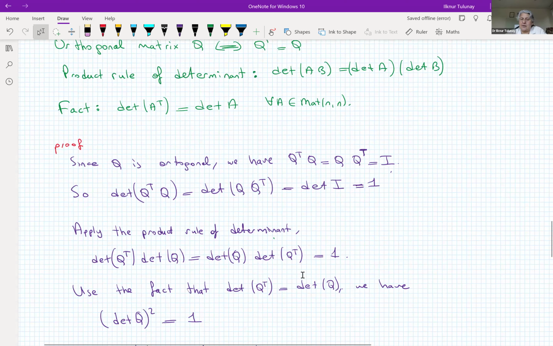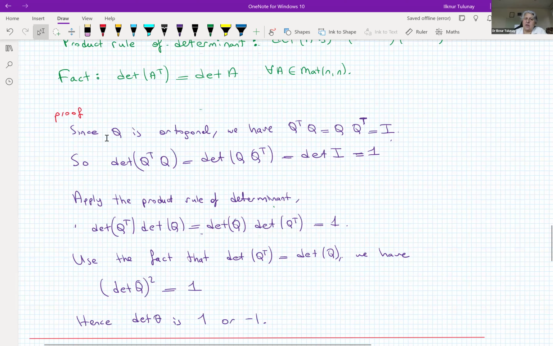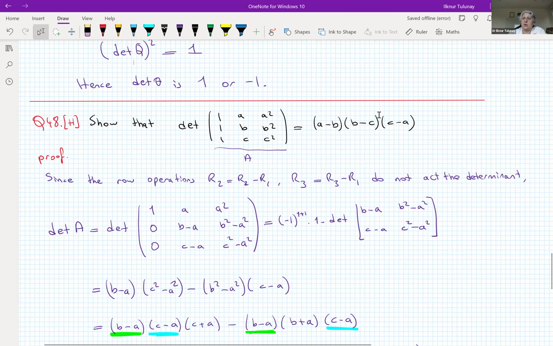For question 48, now we have this determinant, and we would like to prove that this is equal to this quantity. As you will guess, for a practical reason, let's call this matrix A. And we would like to apply some row operations so that we simplify our determinant calculations.